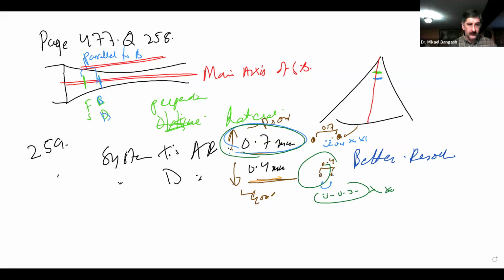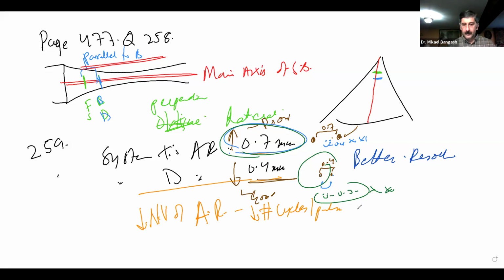What could cause system D to have that low numerical value of the axial resolution? It could be either due to a smaller number of cycles per pulse, that we called less ringing, and or because of a low wavelength, which means a high frequency.